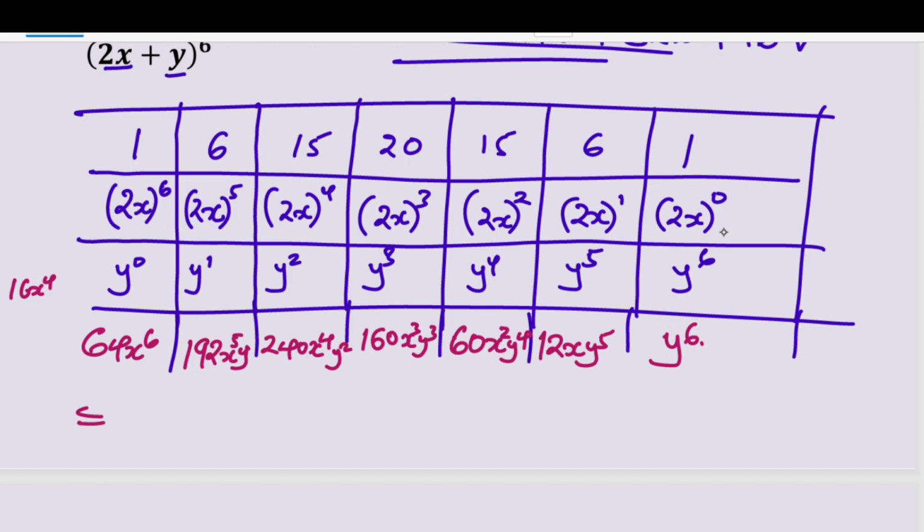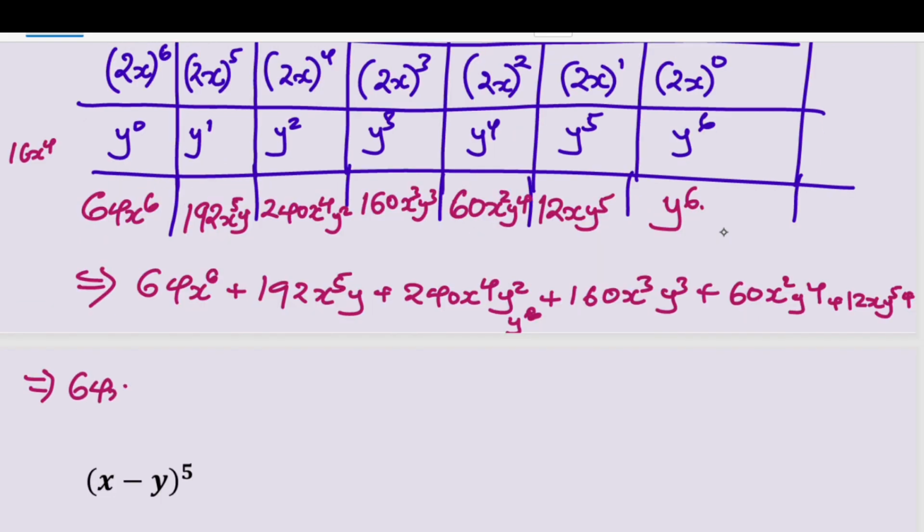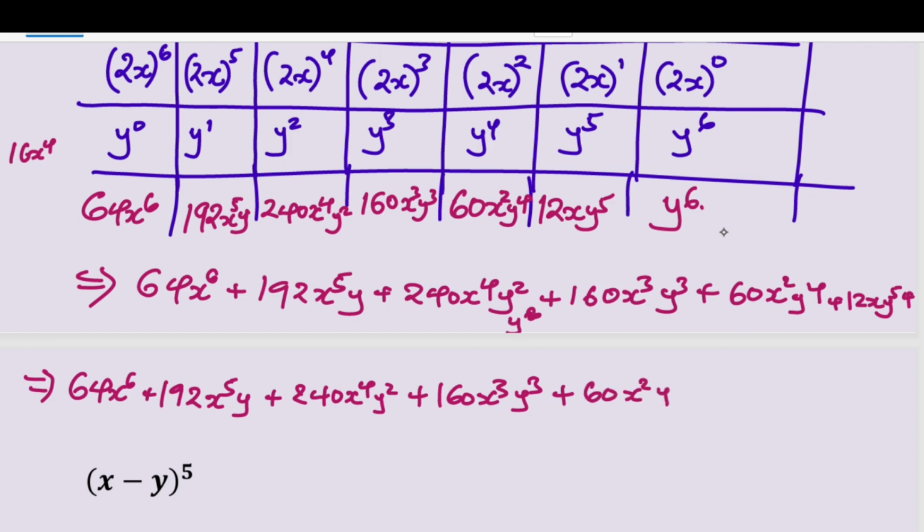So therefore the final answer here should be 64x power 6 plus 192 x power 5 y plus 240 x power 4 y squared plus 160 x cubed y cubed plus 60 x squared y power 4 plus 12 x y power 5, then plus y power 6 as the final answer.